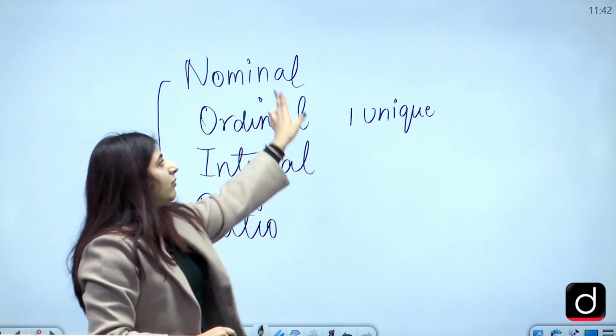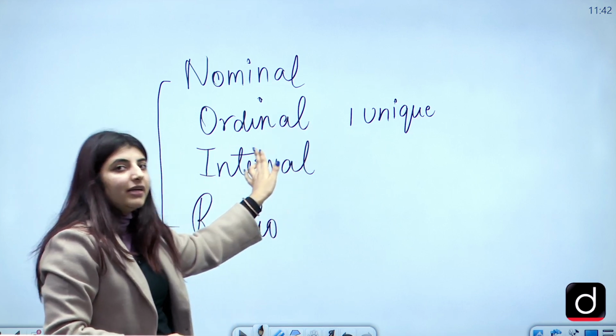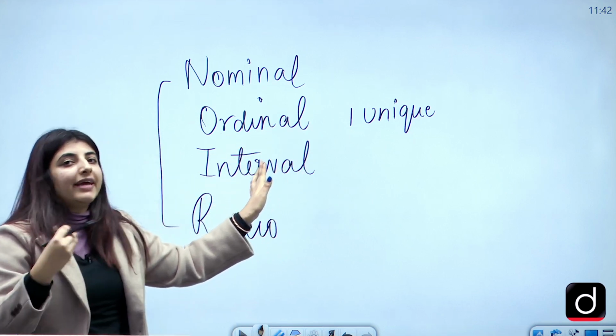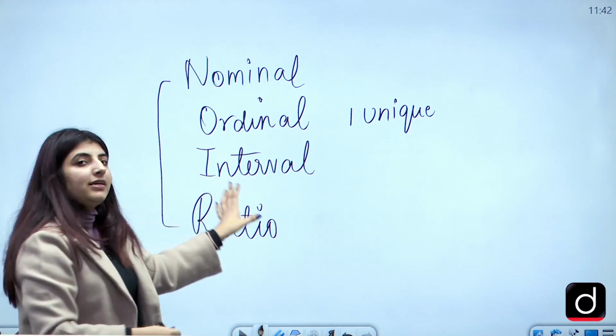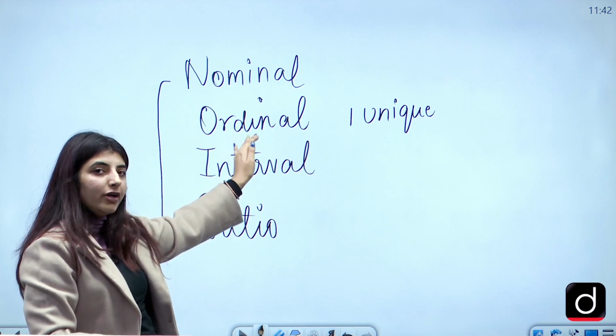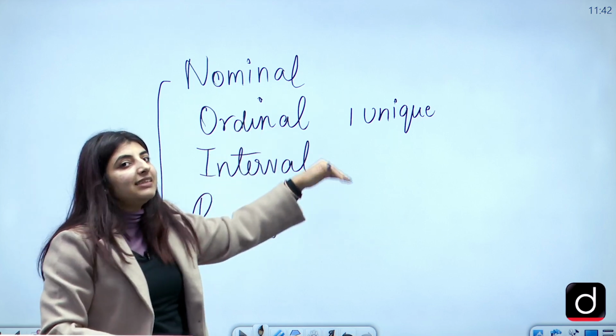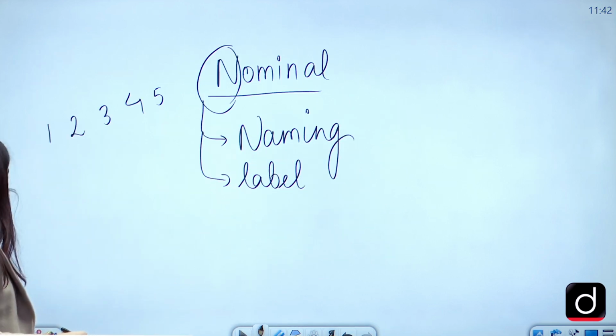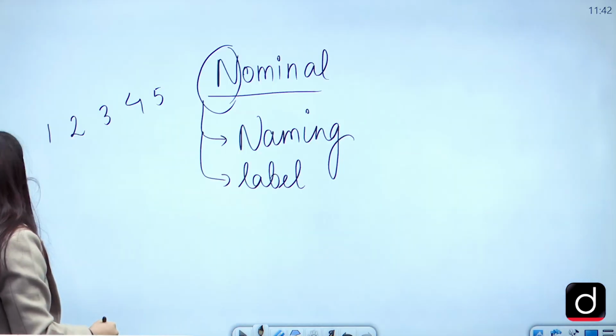So here we had naming. So ordinal scale will have naming plus its own characteristic that is there. Coming to the interval, we will have two characteristics, whatever characteristics that we have of the ordinal, that will be name and order, plus its own characteristic. Correct? Now coming again to the ordinal scale.